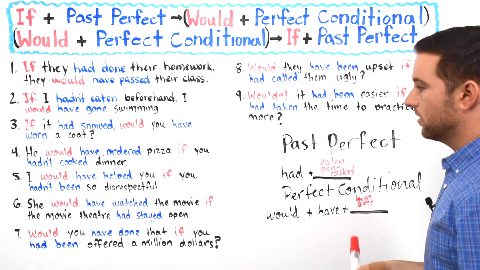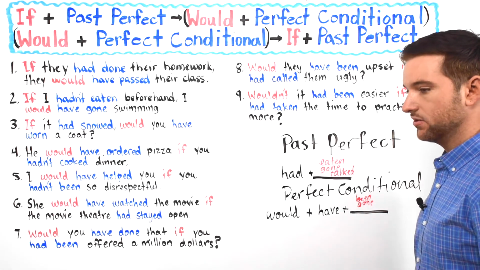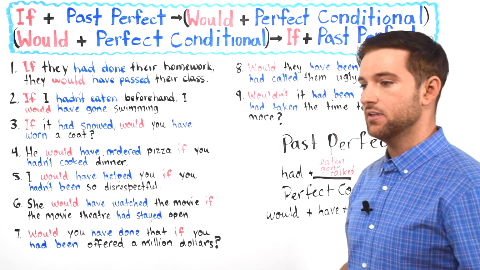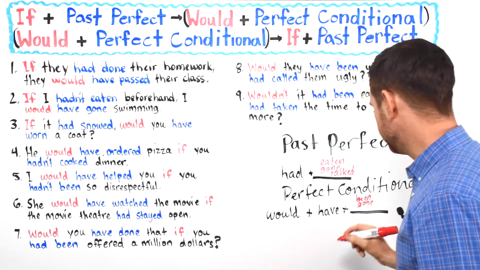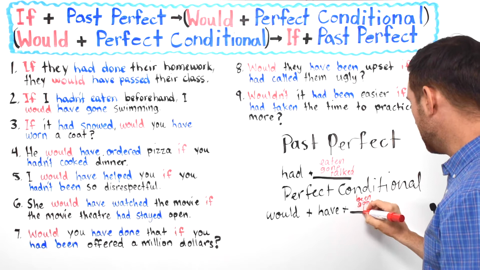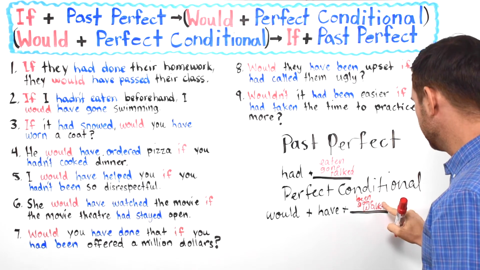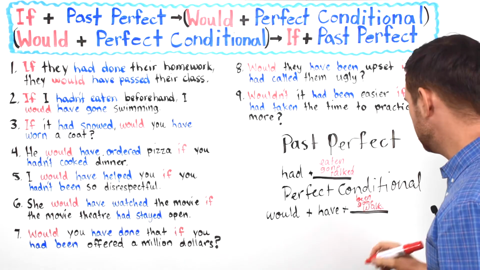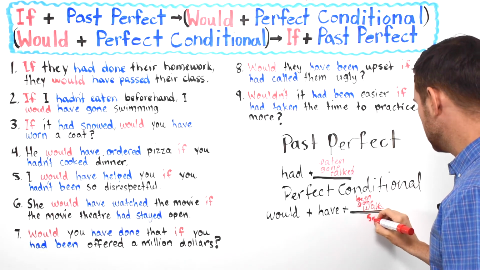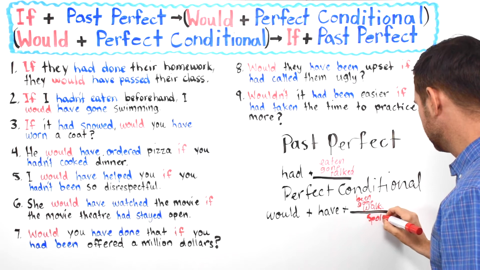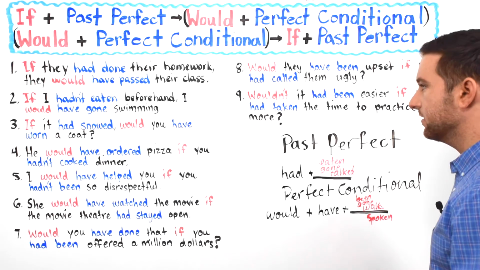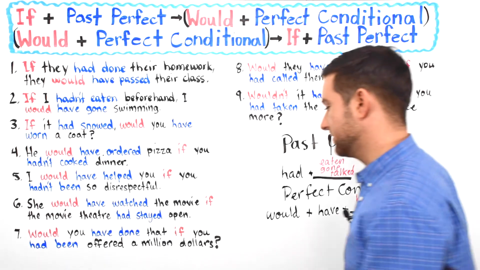Or you can take a verb sort of like, you know, I walked, okay? I would have walked, okay? Or spoke, you know, like when you speak, would have spoken. Okay, I think this is going to be pretty easy once you see these examples, okay?